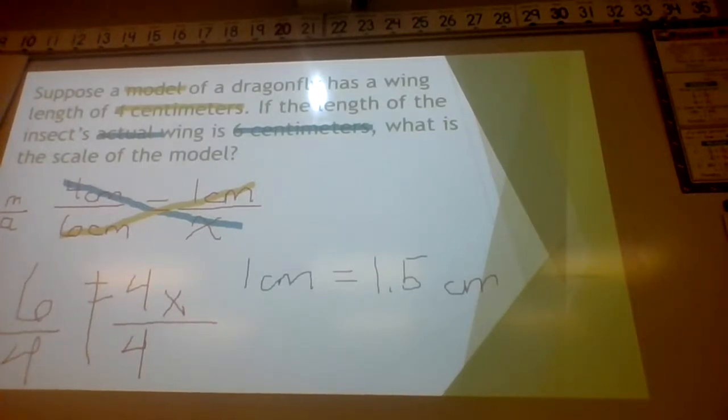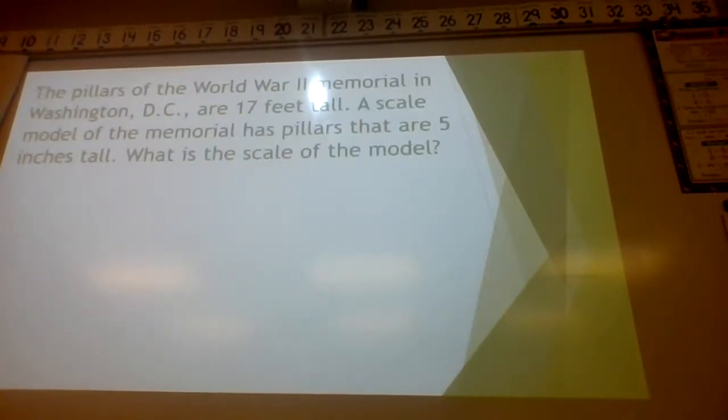Okay, so let's look at the next one. Is everyone ready? Pillars of the World War II Memorial in Washington, D.C. are 17 feet tall. A scale model of the memorial has pillars that are 5 inches tall. What is the scale of the model?